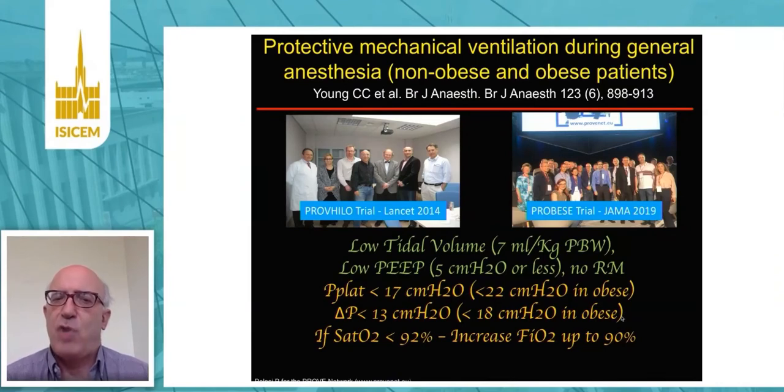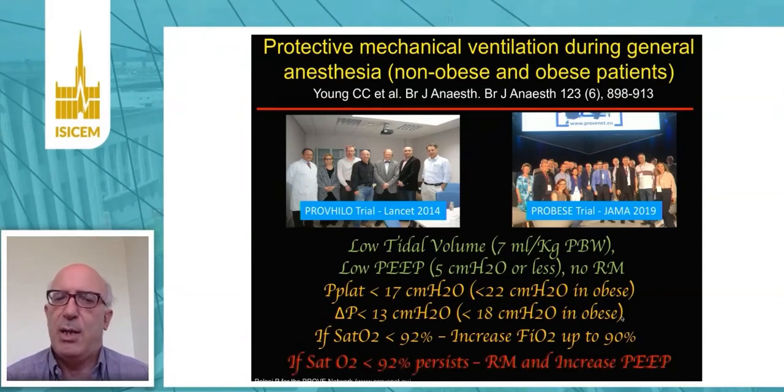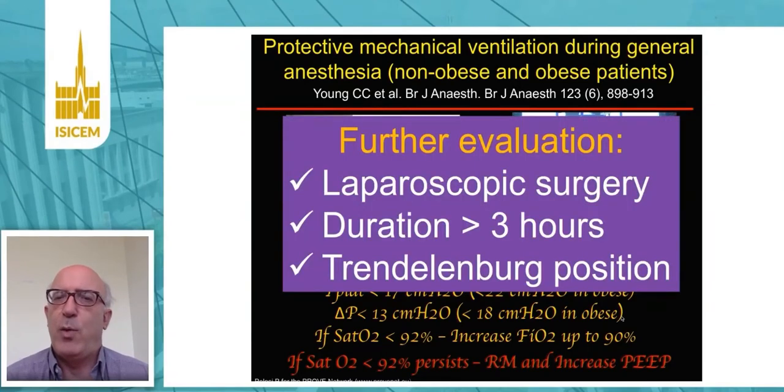If saturation drops below 92%, we suggest to increase first FiO2 up to 90%, and if saturation below 92% persists, we can progressively increase PEEP according to the driving pressure and use recruitment maneuver as a rescue treatment. Further evaluation will be needed for laparoscopic surgery, duration longer than 3 hours, and the use of Trendelenburg position.